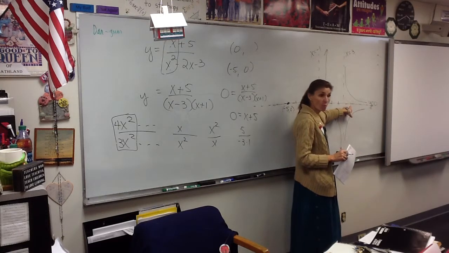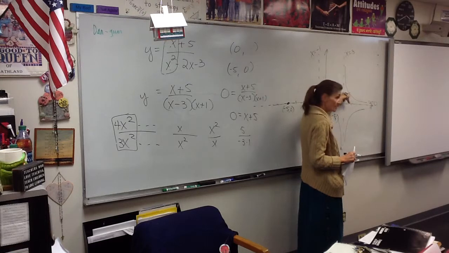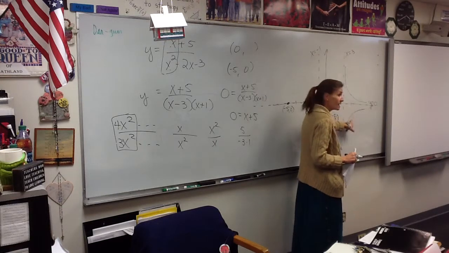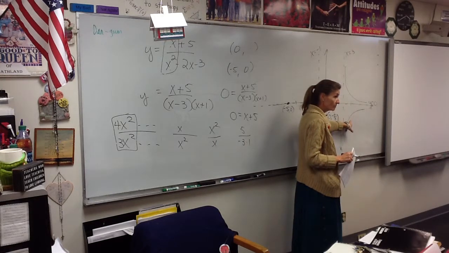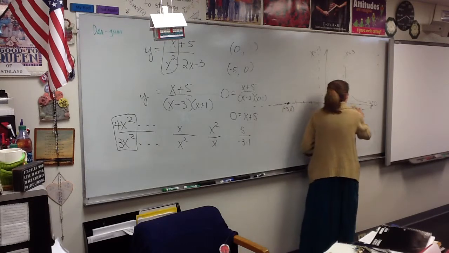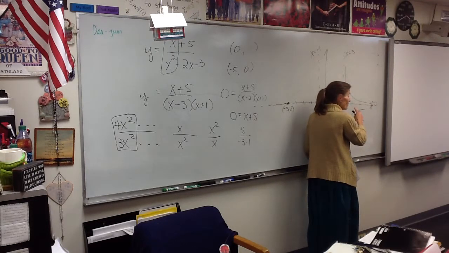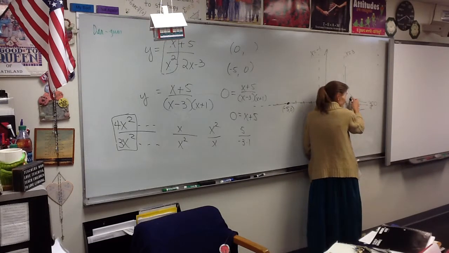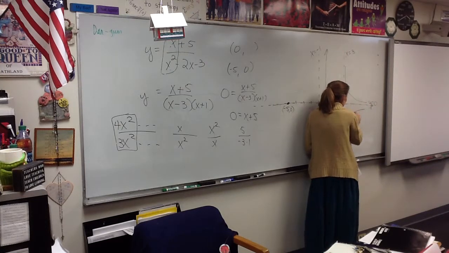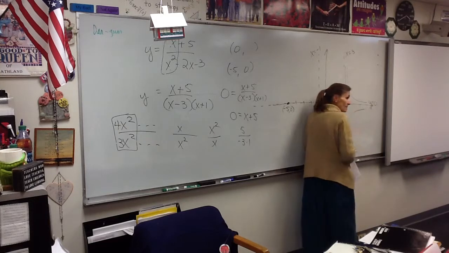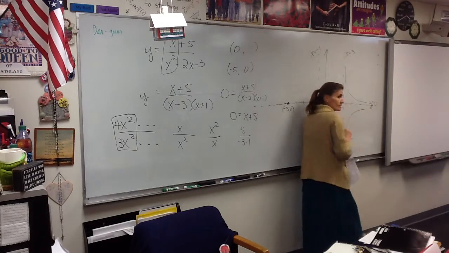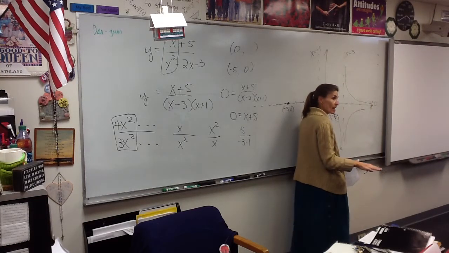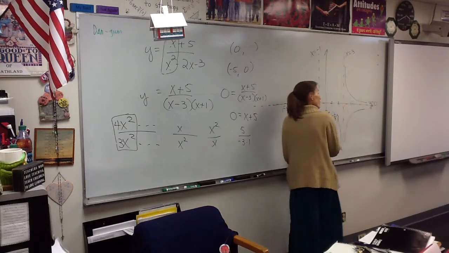If I put in 4, it's either going to be a positive answer or it's going to be a negative answer. Remember, I can't cross the axis. So if 4 gives me a positive answer, then everything's got to be positive. If 4 gives me a negative answer, then everything's got to be negative, because I can't cross. So everything's either up here or down here. So let's put 4 in and see what happens.